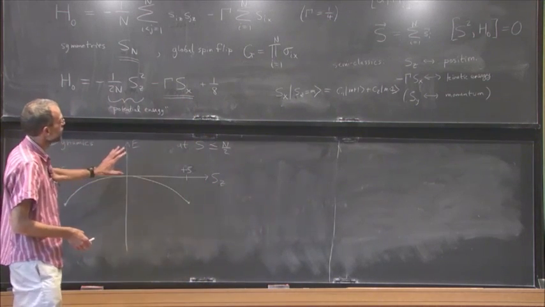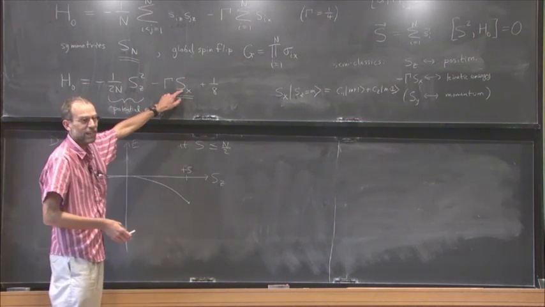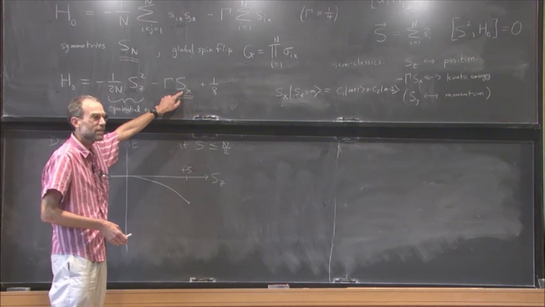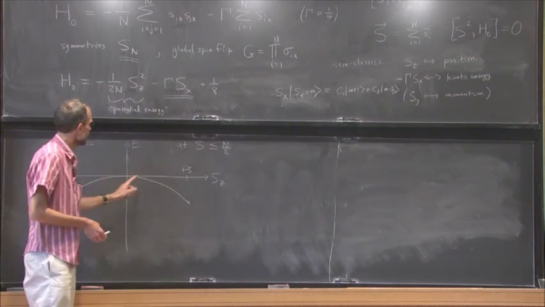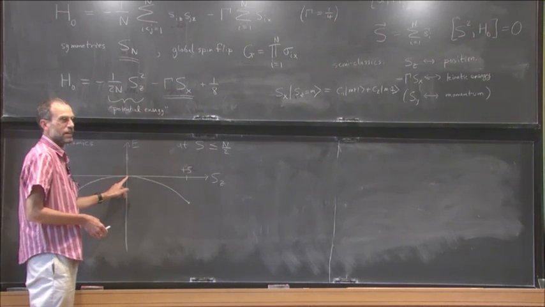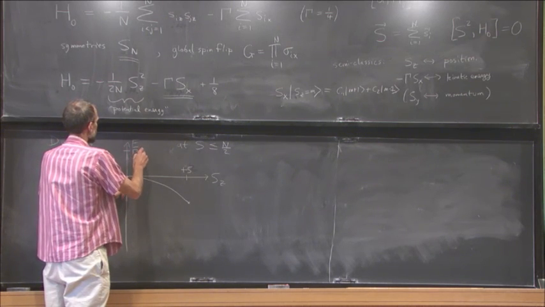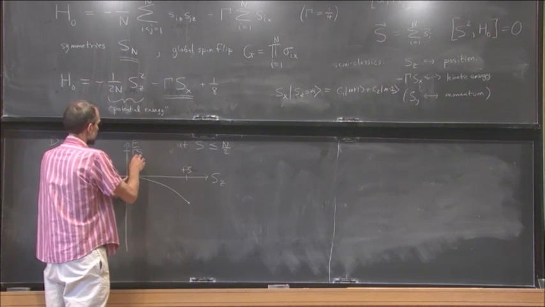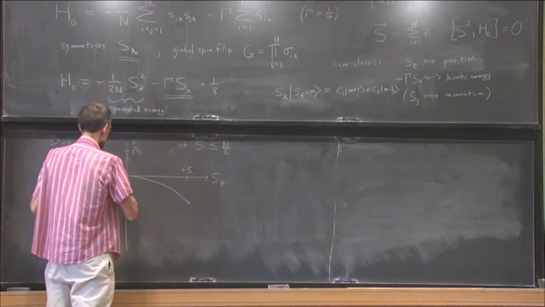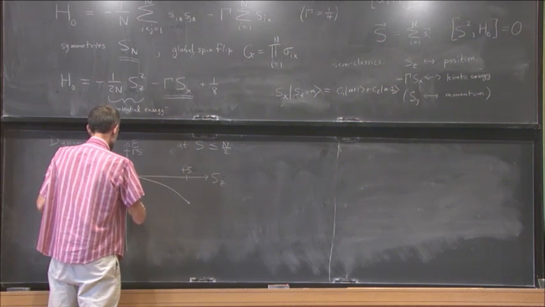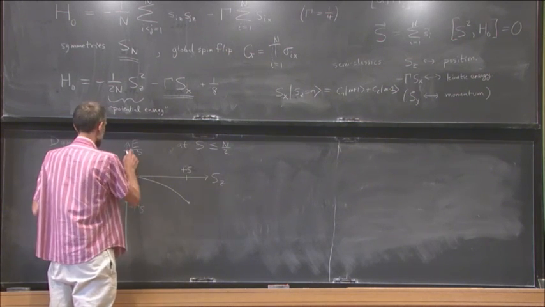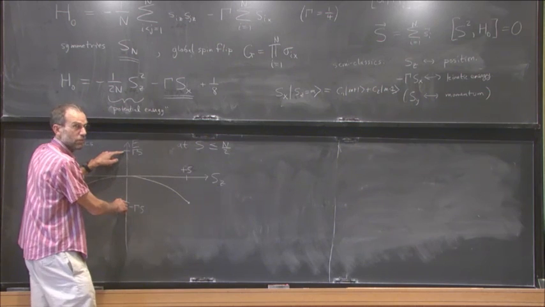And so there's a band, and the bandwidth is given by Sx, the biggest Sx can be, right? If we're at Sz equals 0, Sx can run all the way up to S and down to minus S. So there's a bandwidth like this, right?